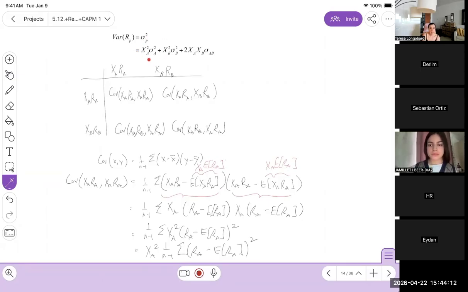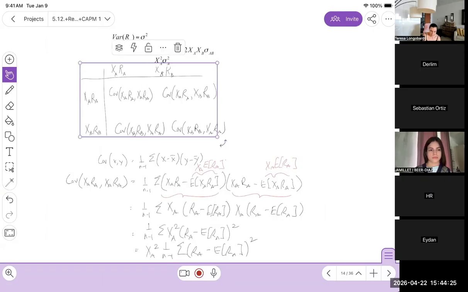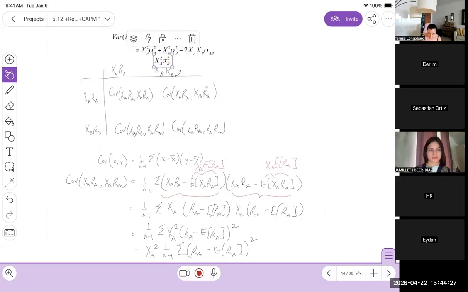It's XA squared sigma A squared, which is the variance. So that's where that first term comes from. That's that.